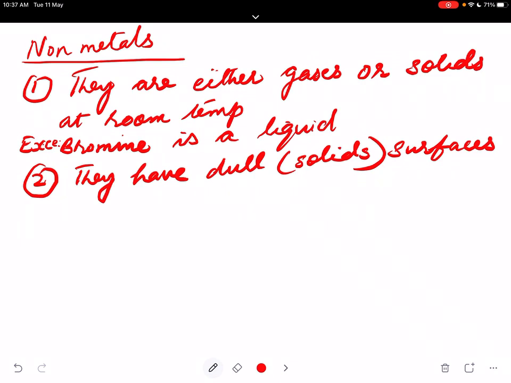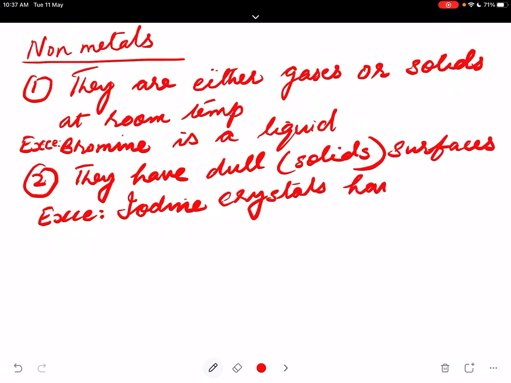Now here non-metal solids have dull surfaces, but there is an exception. Iodine crystals have bright luster.